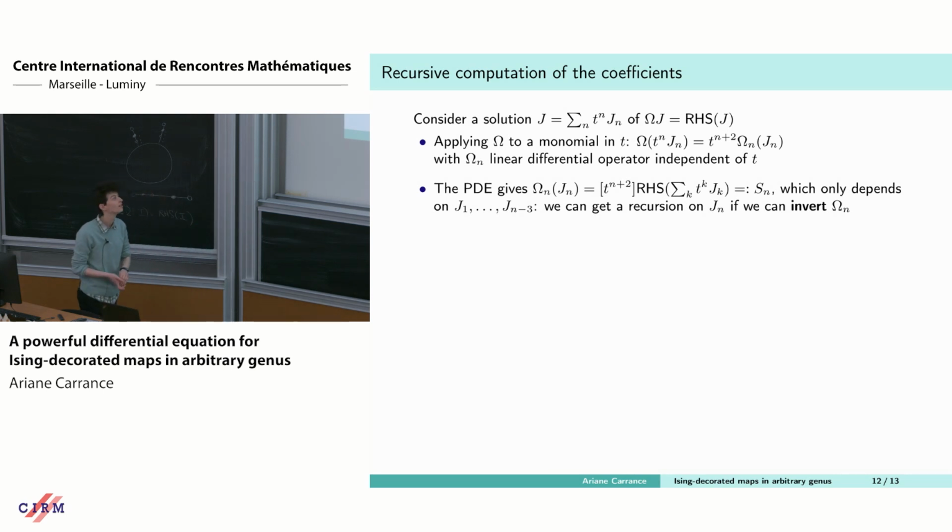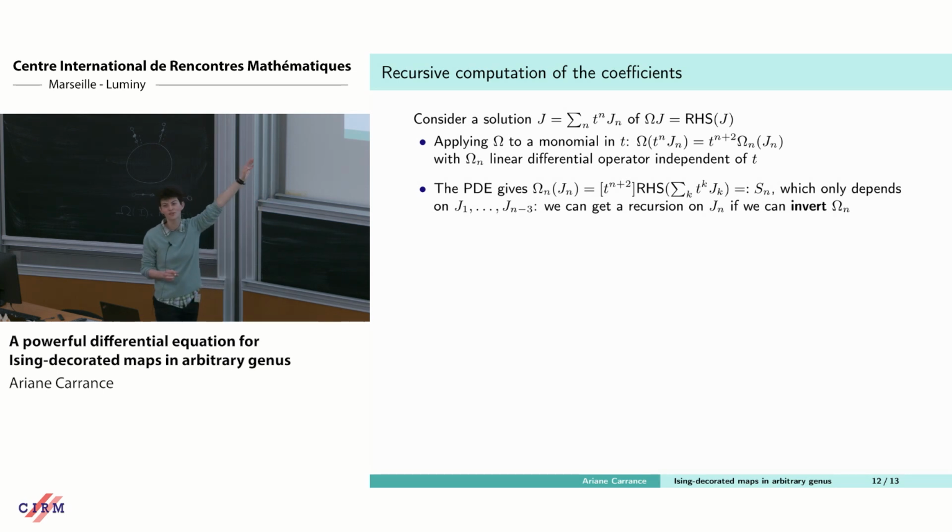So you start to see a sort of recursive structure that we might hope to have, because if we can invert omega n, this differential operator, then we'll have j_n as a function of terms just up to n minus 3.